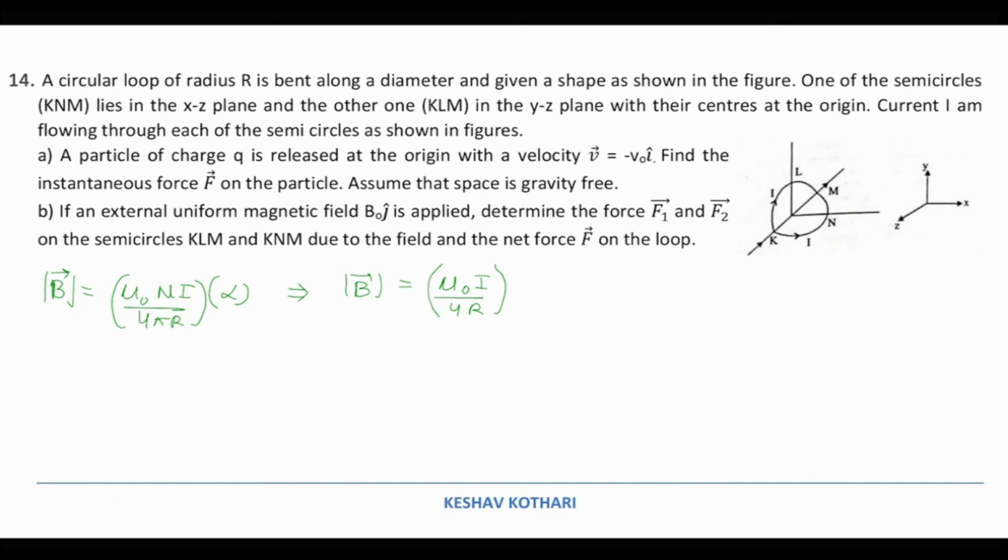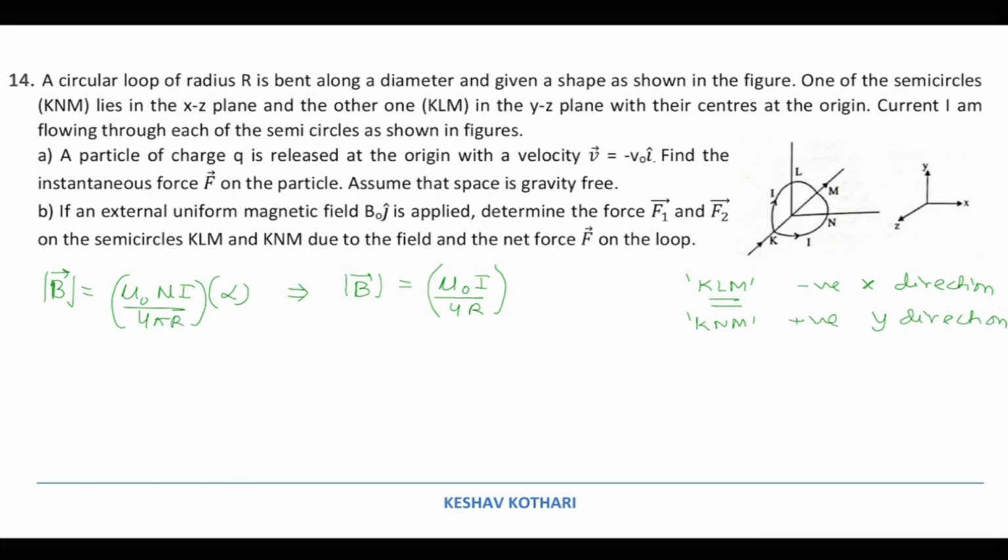Now if I look at the direction, due to KLM the direction of magnetic field is along the negative x direction, and due to KNM the direction is along the positive y direction, that is along j cap. It is simply determined by using the right hand rule.